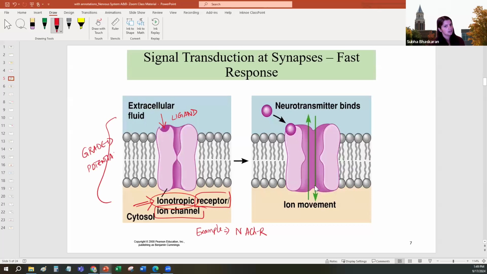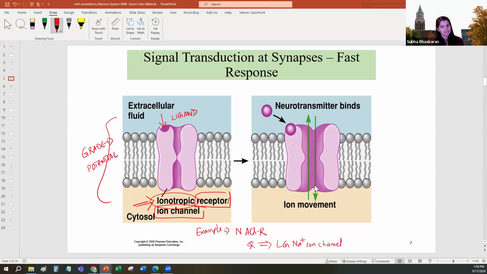If this is a potassium ligand-gated channel, what is it trying to do to the membrane potential? Make my day here. If this is not this one, the nicotinic ACh receptor is actually a ligand-gated sodium channel.